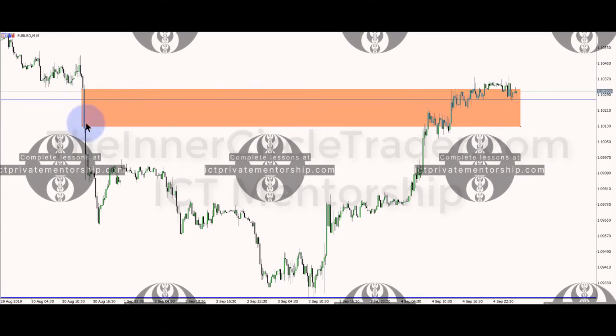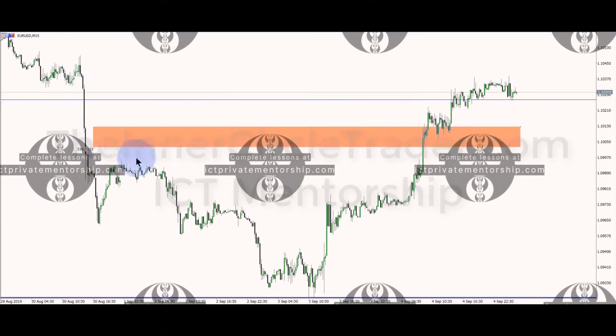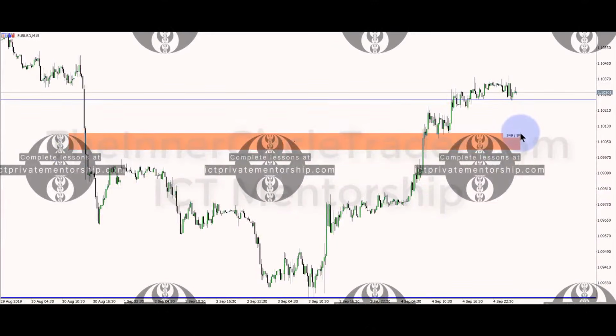In this area in here, right there, we have again another section of SIBI, sell side imbalance, buy side inefficiency.